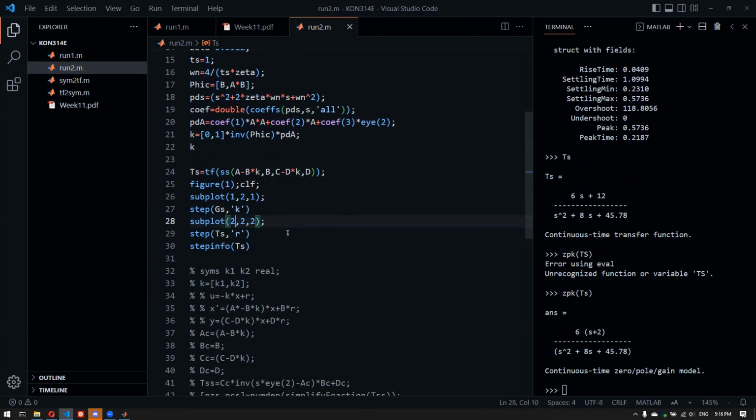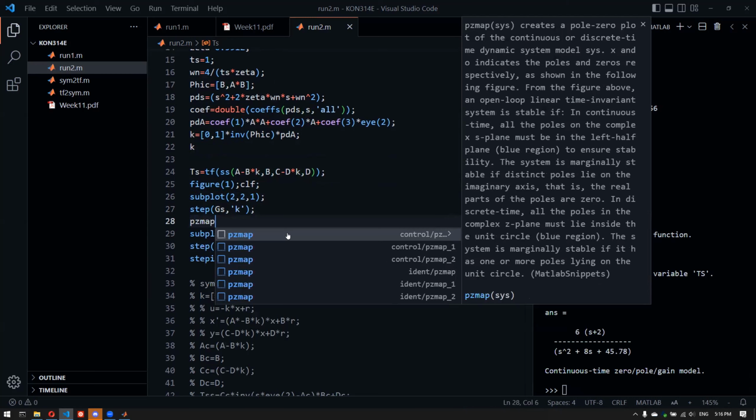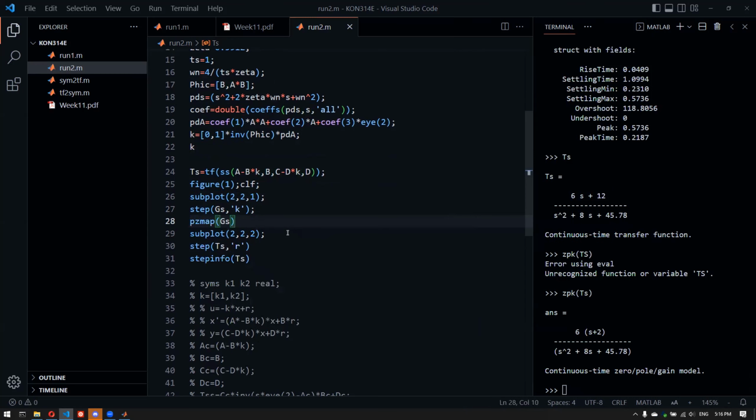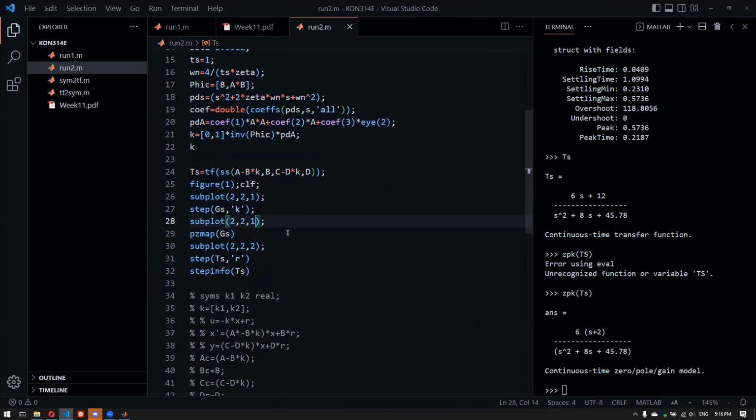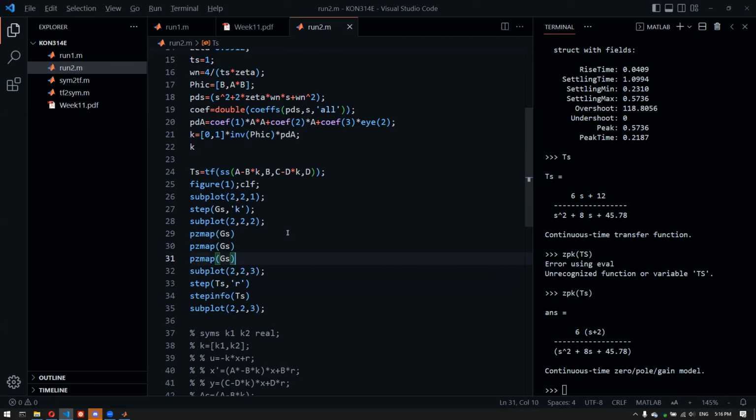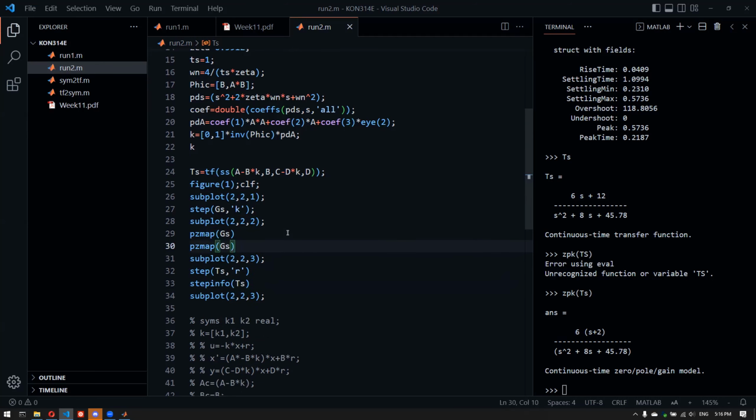Let me maybe just change this into the following. Let's have 1. Let's have PZ map of Gs on the next one here. And then let's have 3 here, and then 4, and then PZ map Ts, and then 4.